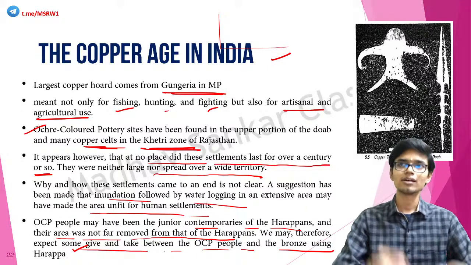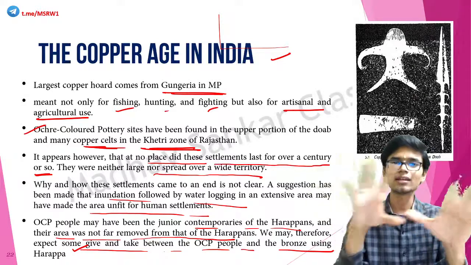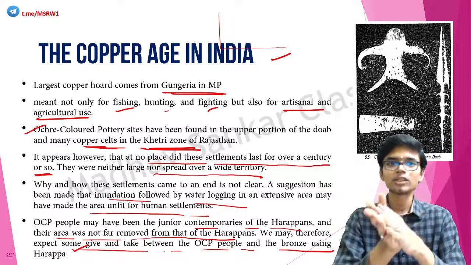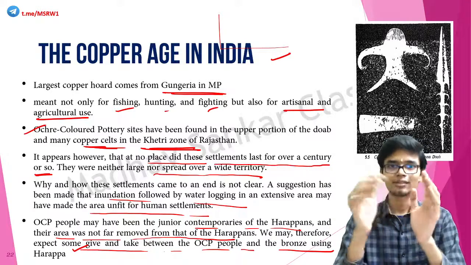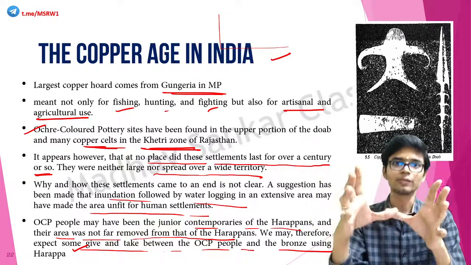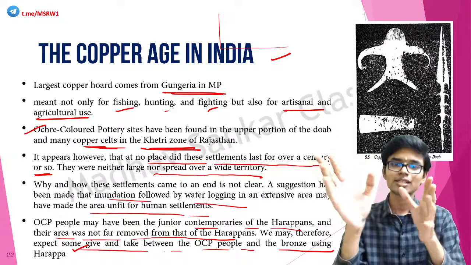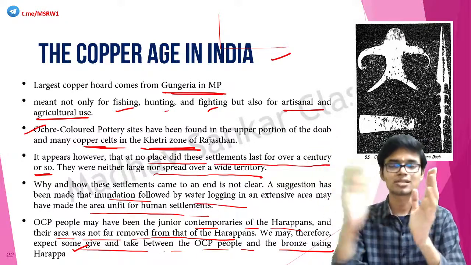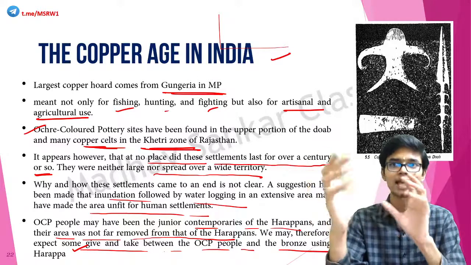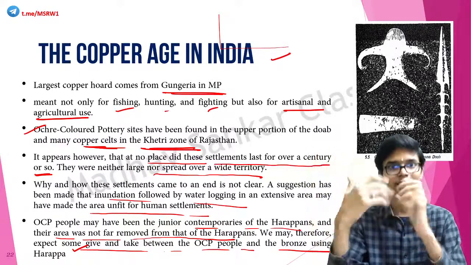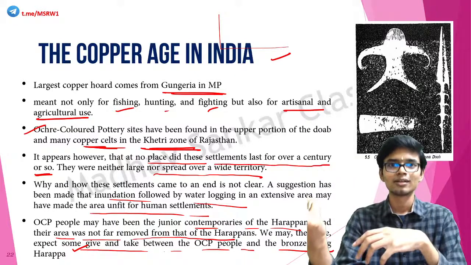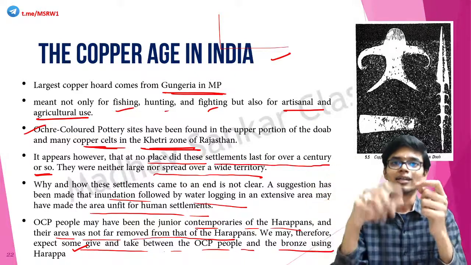So it is a very rough time scale. After the Neolithic period, the next important period is the Chalcolithic period. Some Chalcolithic cultures are very old. Some coexisted with IVC. And after the IVC declined, we also find the emergence of some Chalcolithic sites.